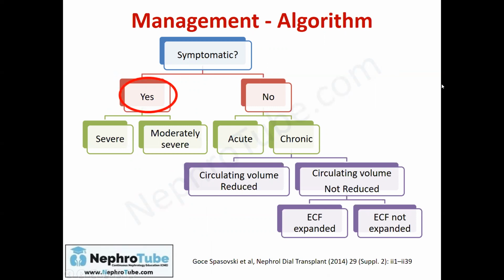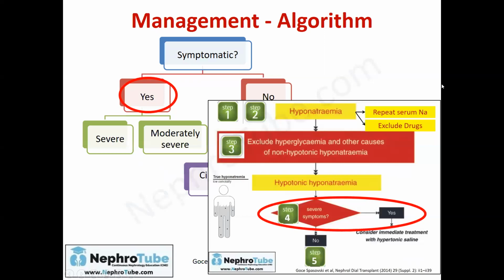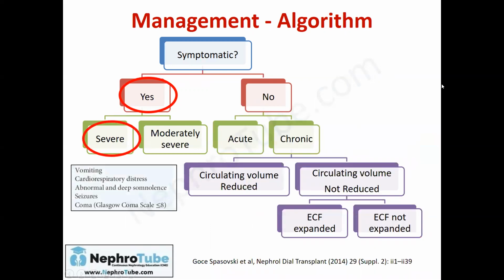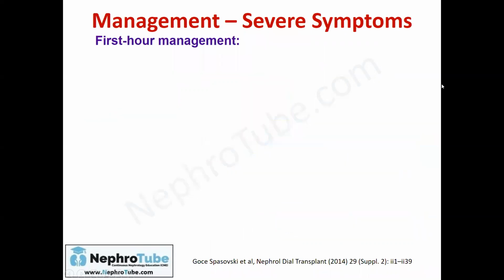Starting with yes, the patient is symptomatic. This is the point called step 4 that I bypassed while talking about the diagnostic approach. Here the point is: does the patient have severe symptoms, such as vomiting, cardiovascular distress, seizures, and coma?